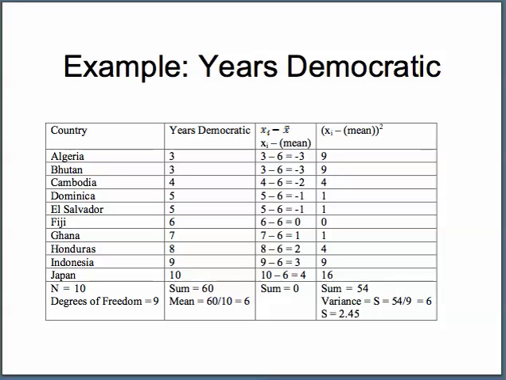In our example, we have 10 countries as listed in the first column and the number of years that they have been democratic over the past decade in the second column. In the third column, we see that each observation is subtracted from the mean value.